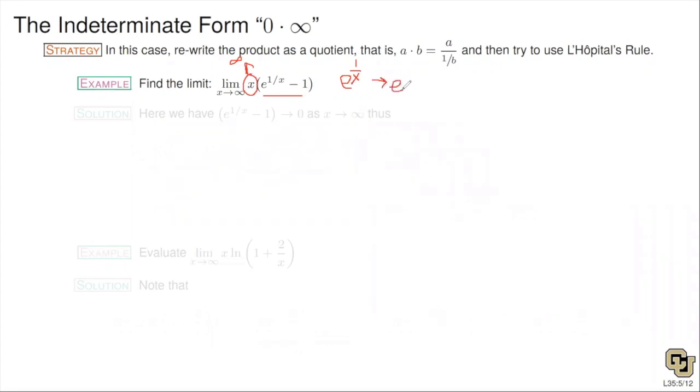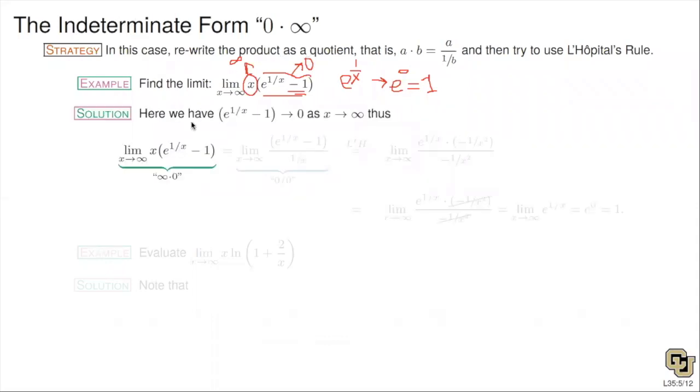So this will go to e to the 0, which equals 1. But I have a minus 1 hanging around outside there. So this entire thing will go to 1 minus 1, or 0. So this will be an infinity times 0 type of indeterminate form.